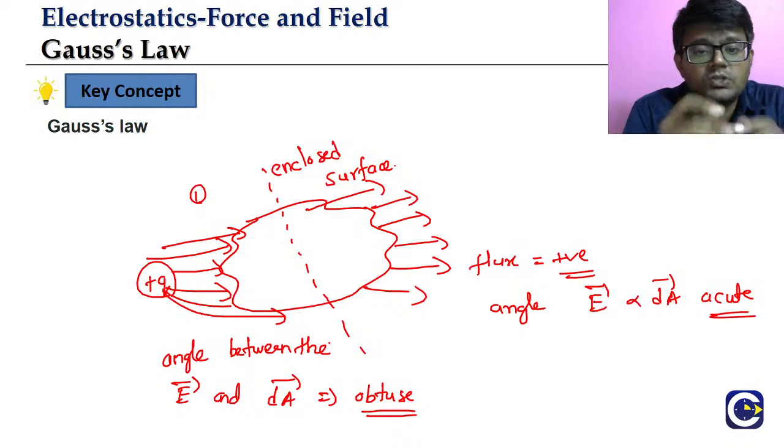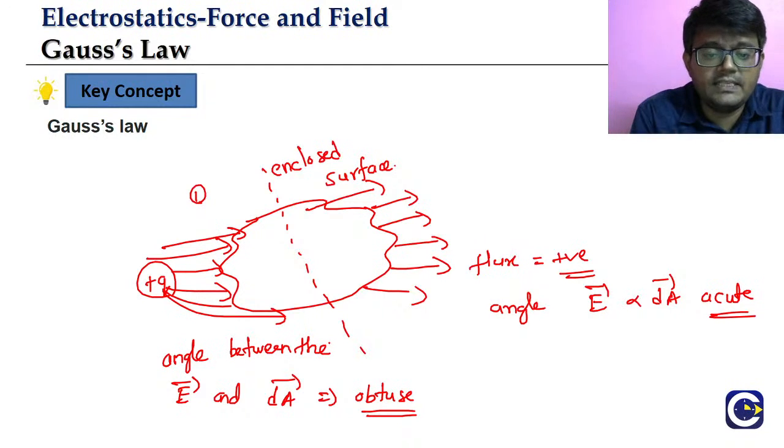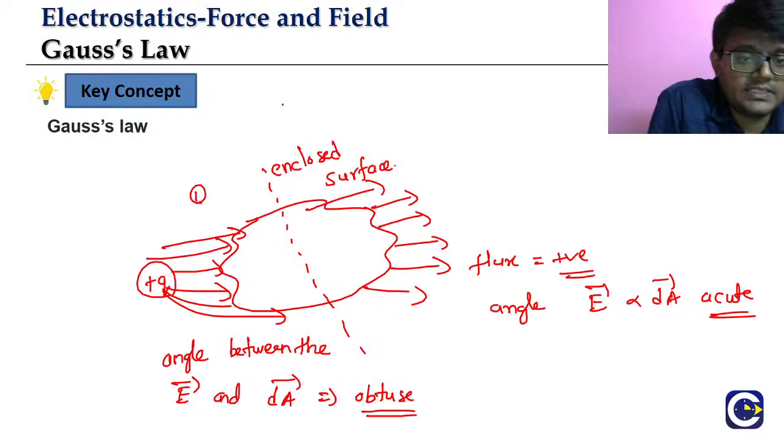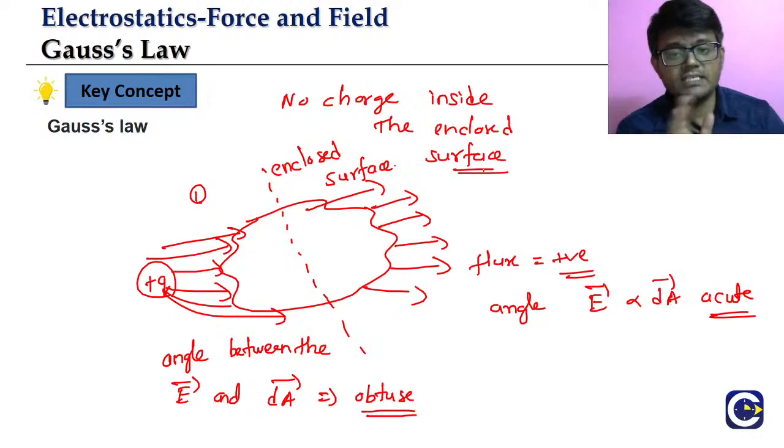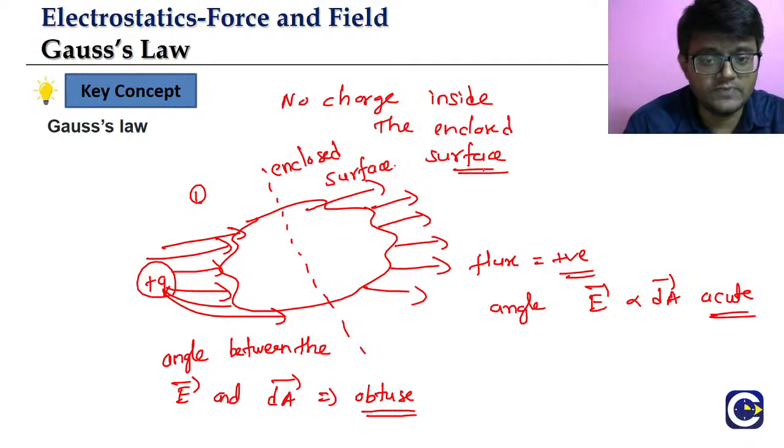Field lines are not going to stop inside, because inside that enclosed surface we are saying there is no charge. So the case we are considering is no charge inside the enclosed surface.